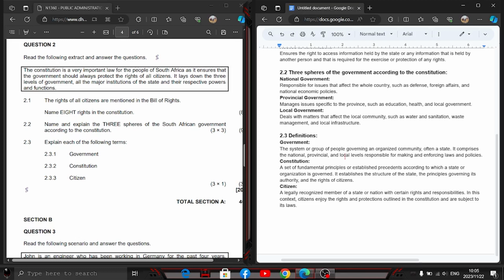And then we have a citizen, a legally recognized member of a state or a nation with certain rights and responsibilities. In this context, citizens enjoy the rights and protections outlined in the Constitution and are subject to its laws. You understand? As a citizen, if you were born in this country, South Africa, you become this country's citizen.